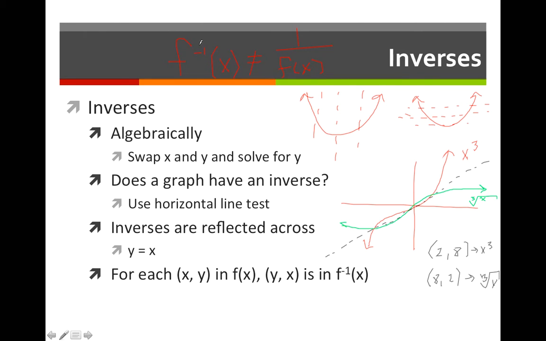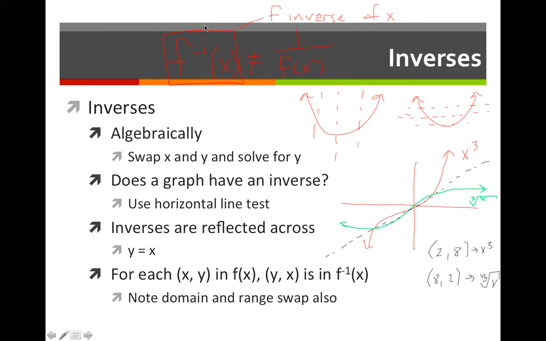This negative 1 is not an exponent in our case. This means f inverse of x. Not an exponent of negative 1. You need to get that into your head now because we use inverses quite often coming up in trigonometry.